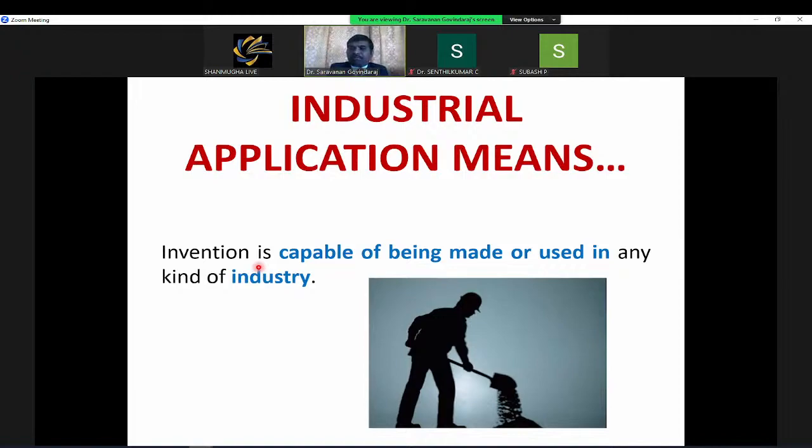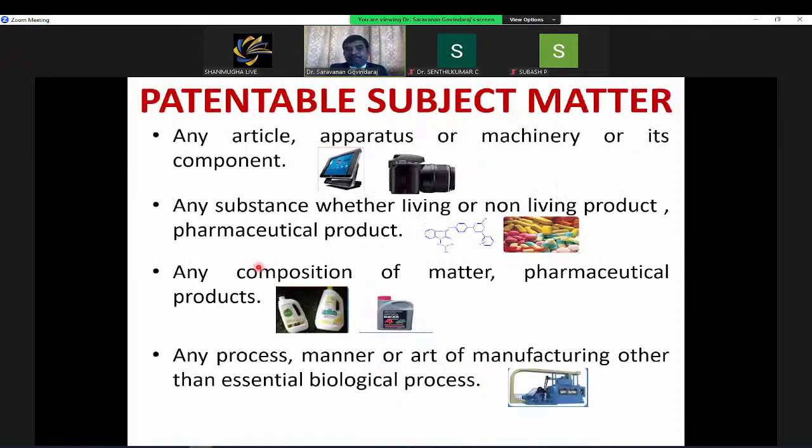Or, the most important thing, to common people, the public? Is there any benefit to the public or not? Okay. So when all these things are satisfied, then you can go for a patent, but it should not come under section 3 and 4. Keep in mind that in the coming slides we are going to discuss section 3 and 4 elaborately.